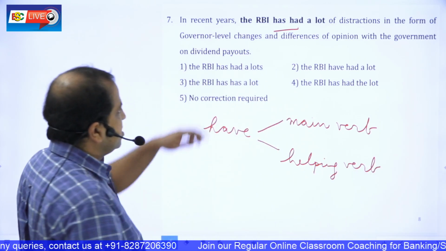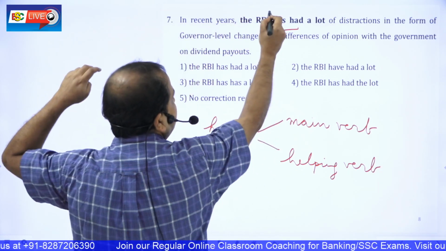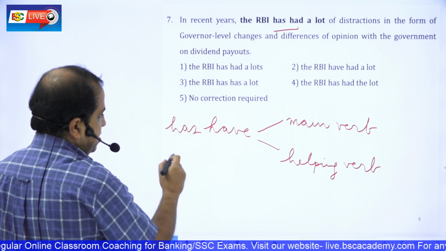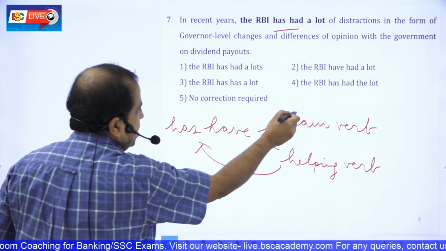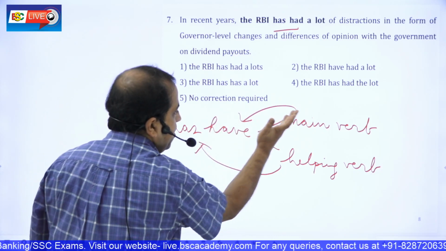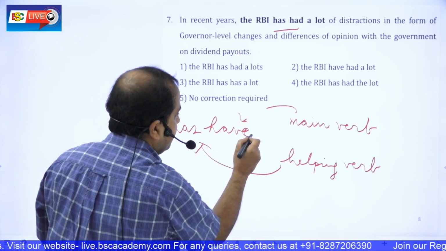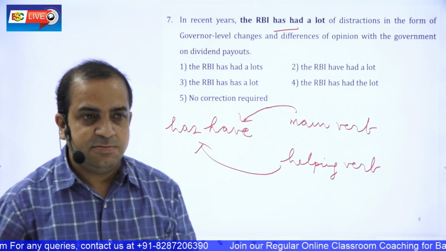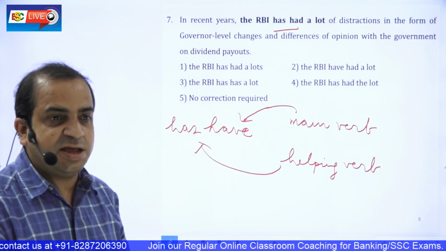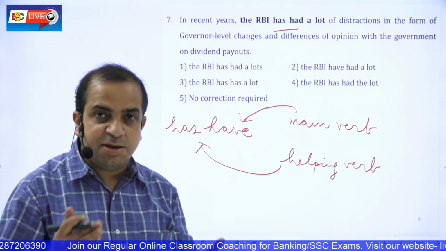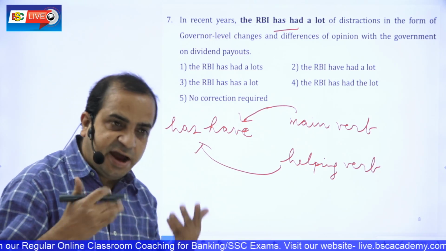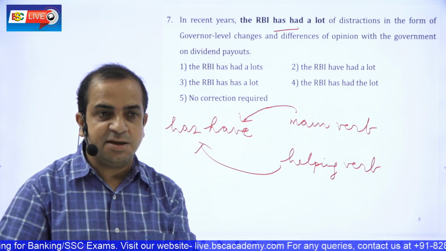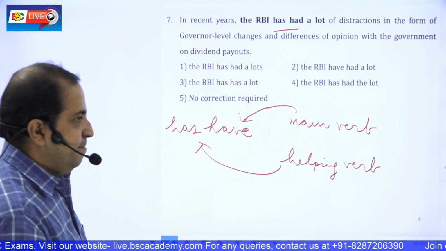So whenever you have this kind of structure, the first one is helping verb, has, have, इस तरह का जब भी आता है, then the first one is helping verb and the second one is main verb. जैसे I had my breakfast, मतलब I took my breakfast, तो वहाँ have का मीनिंग क्या है? Take. और I have taken my breakfast, तो क्या कहेंगे आप? I have had my breakfast. So the first is have of have taken, the second is had in place of taken. So it's that kind of thing.